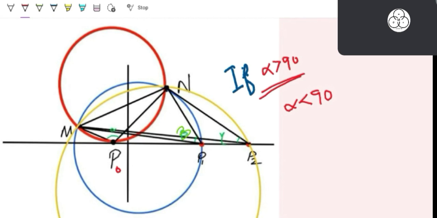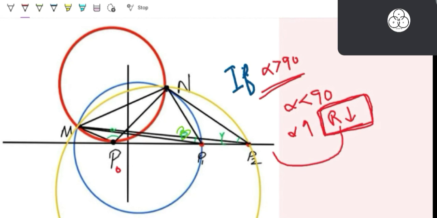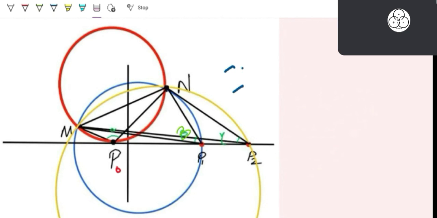We can see that alpha increases when the radius decreases, and the least possible radius is the case when the x-axis becomes a tangent to the circle, and that's why we get the desired result, the value of P as 1, 0.